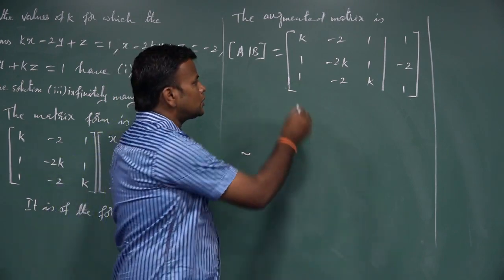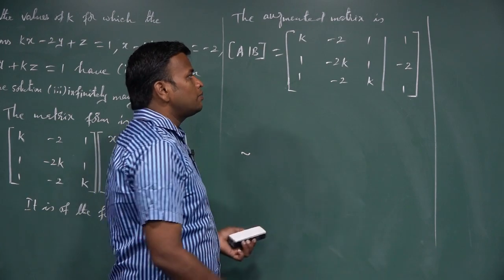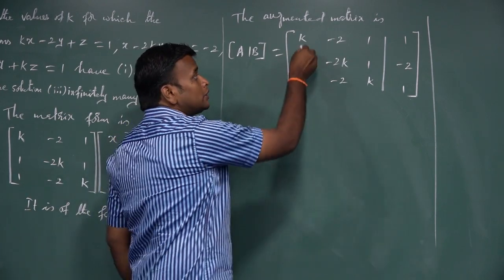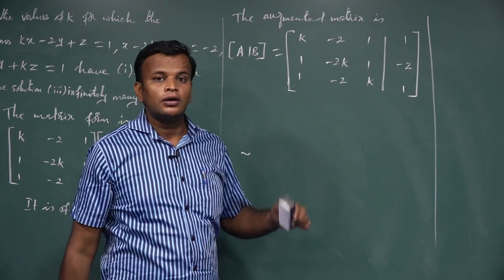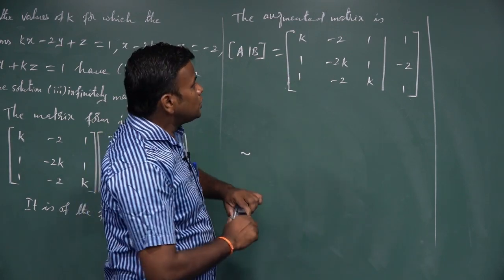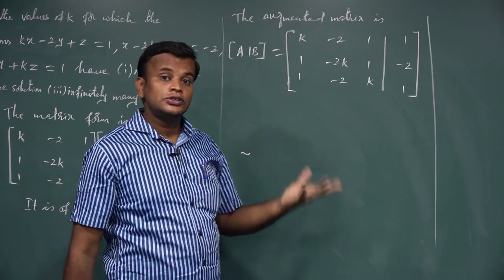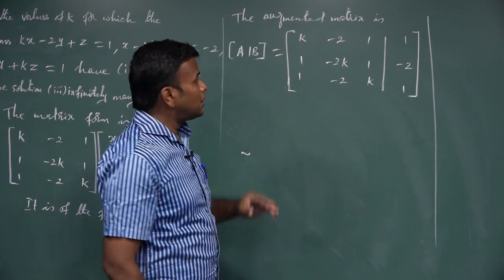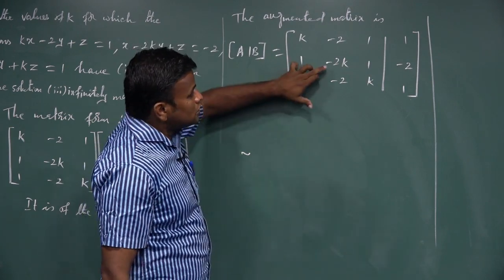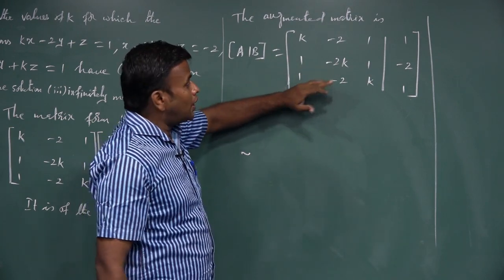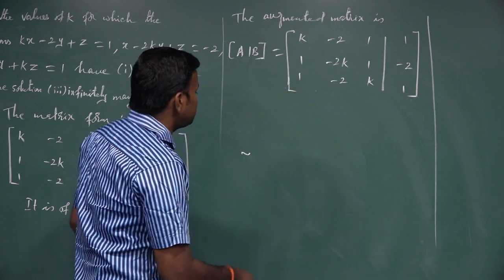To convert the augmented matrix into echelon form, it is better that the first element is non-zero. Your k is there, it may be 0 or non-zero. So we interchange R1 and R2 or R1 and R3, it is your choice. But I interchange R1 and R3, because if I interchange R1 and R2, the same number is repeated.